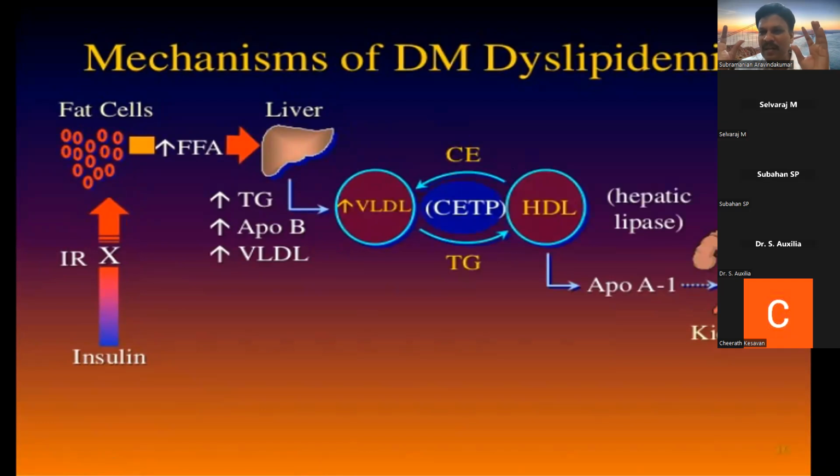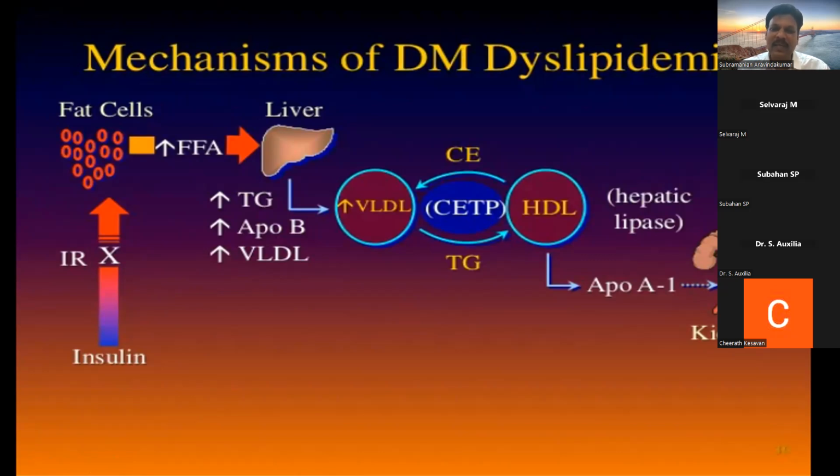Triglyceride goes from VLDL into HDL, and cholesterol comes out of it into the VLDL. Once the cholesterol is taken out, the HDL becomes small, and when it becomes small, it gets excreted through the kidney. So the first reason for low HDL is that it becomes small and dense and is excreted through the kidney. That is why HDL is low in diabetic dyslipidemia.